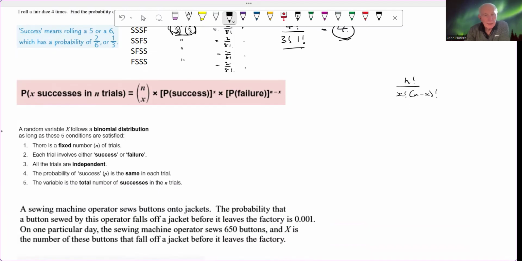Okay, so that is what we want to calculate. Actually, the calculator does a pretty good job of doing it for us, which we'll see in a moment.